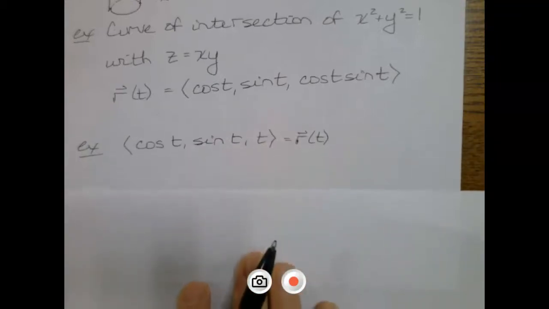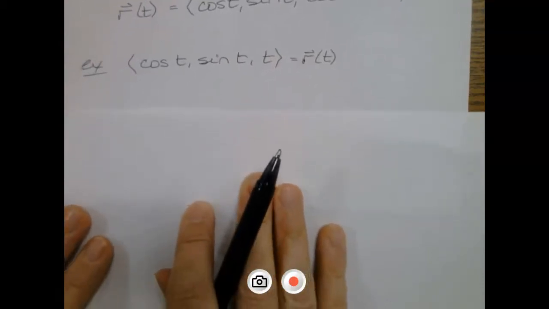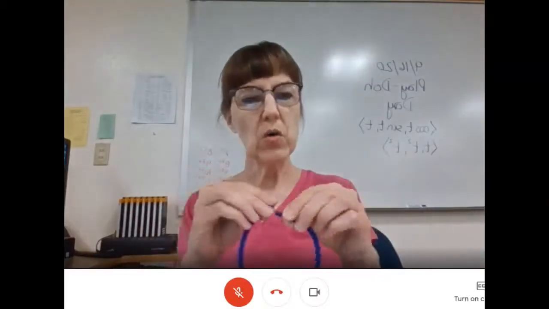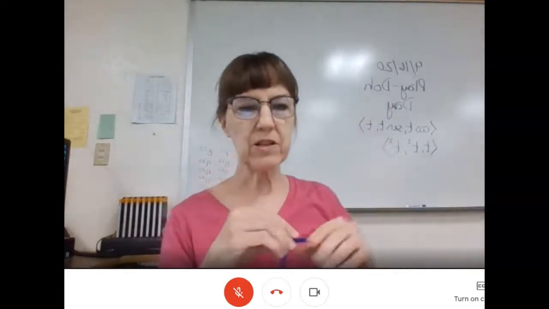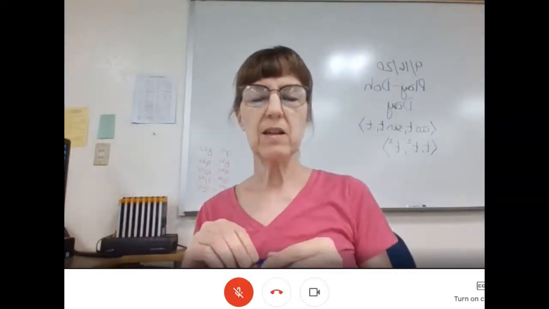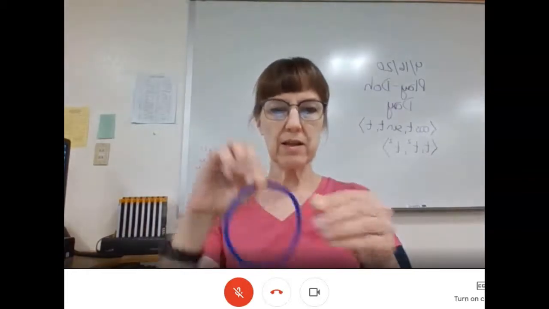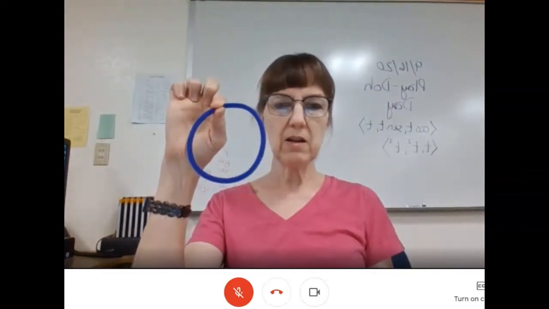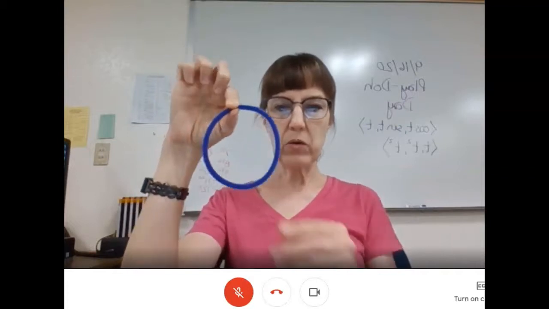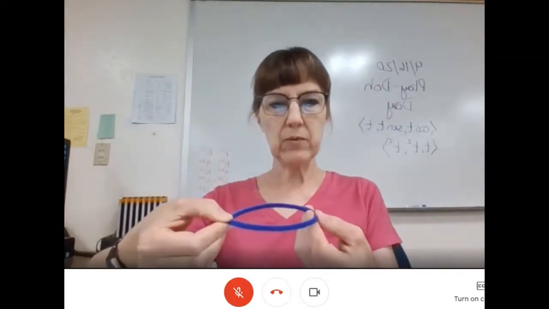We can go the other direction too. If I already have parametric equations and I want to figure out what does this look like. If I know a parametrization, so cosine t, sine t, t, and I want to think about what that looks like. Well, I'm going to recognize that cosine t and sine t for x and y are going to give me a circle in the xy plane.